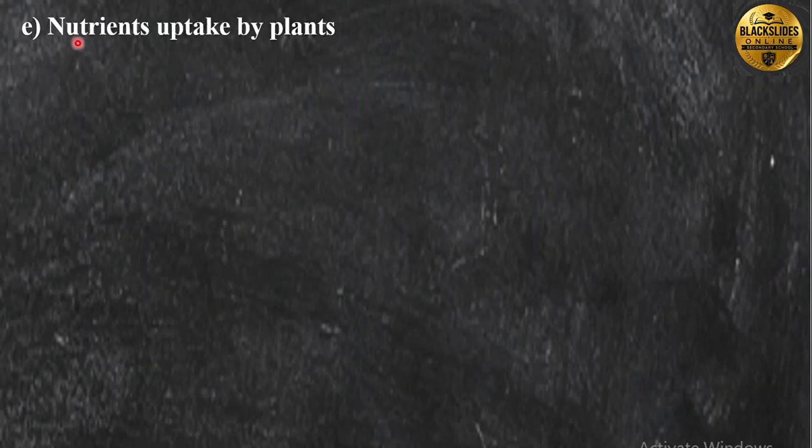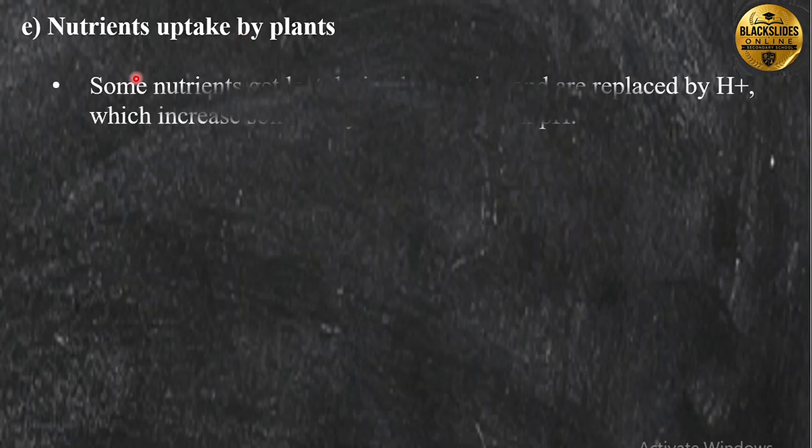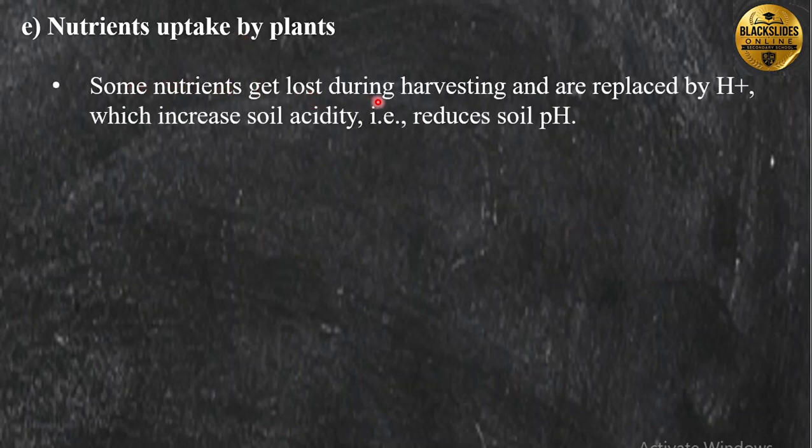Another factor affecting soil pH is nutrient uptake by plants. That's absorption of nutrients by plants. Some nutrients get lost during harvesting, and these are replaced by hydrogen, which increases soil acidity.